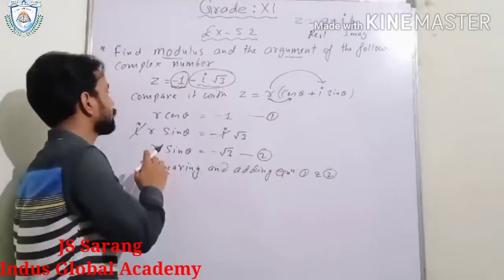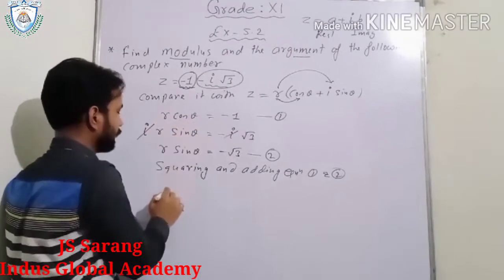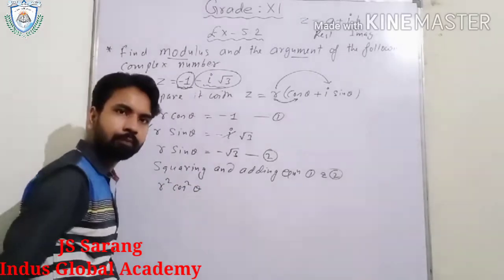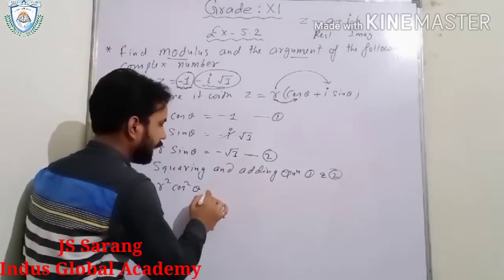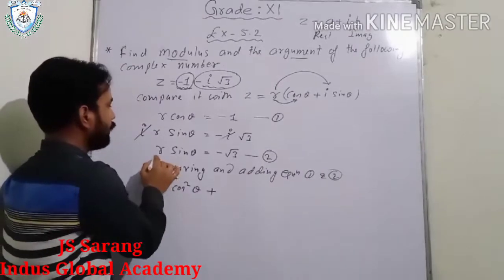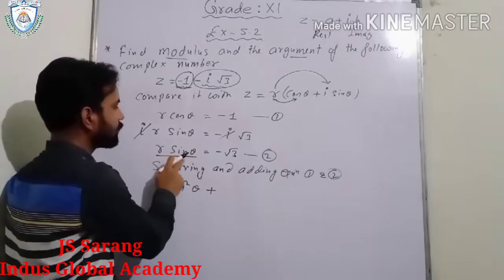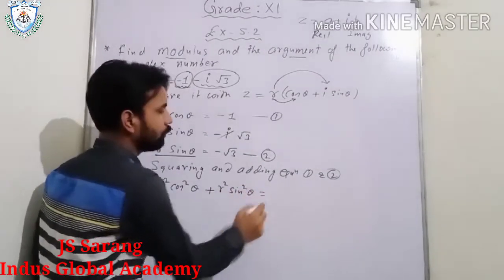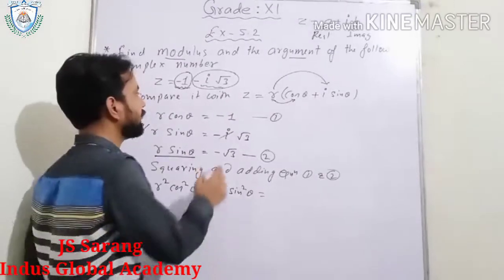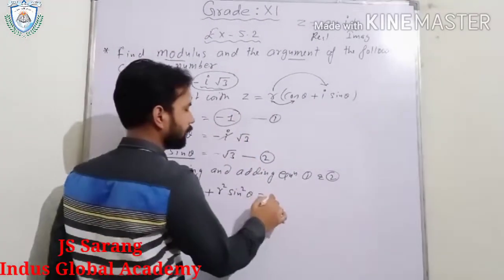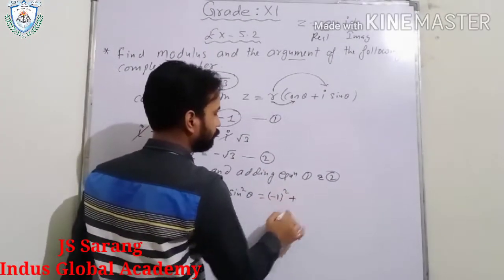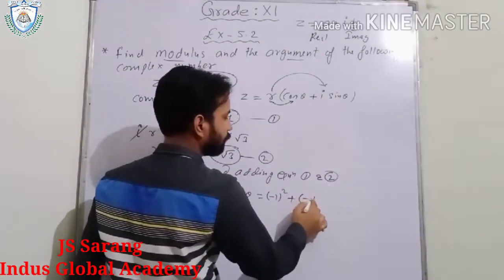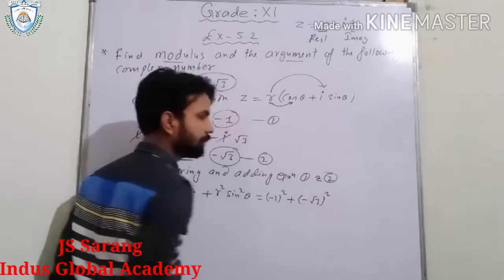If we square r cos theta, we will get r square cos square theta. And adding means plus. Squaring the second equation, r square sin square theta equals, now we will square the right hand side of the first equation, minus 1 square, plus the right hand side of the second equation, minus under root 3 square.